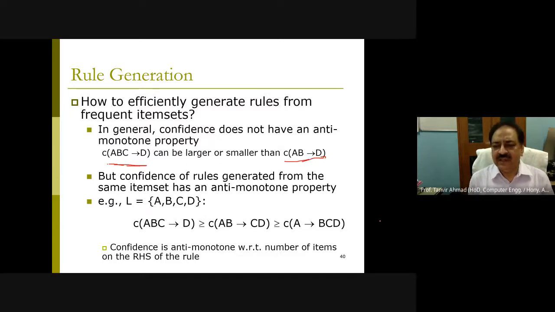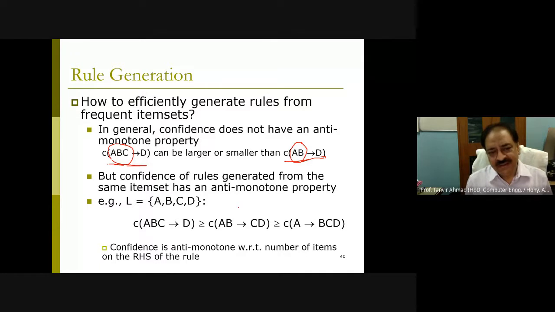You see this one is a subset of this one. Therefore, I cannot say whether the confidence of ABC follows D is more or AB follows D is more. For support, this will not be the case.